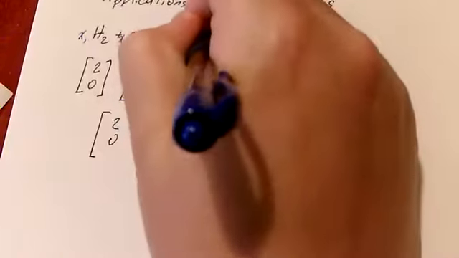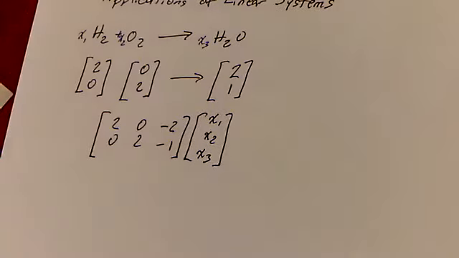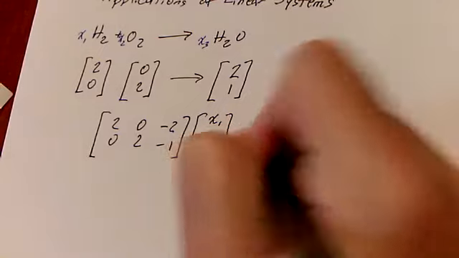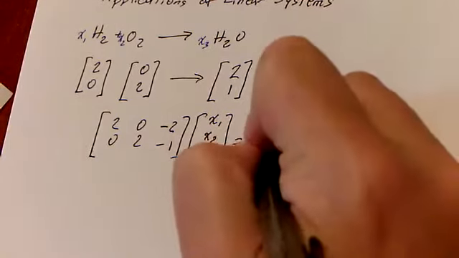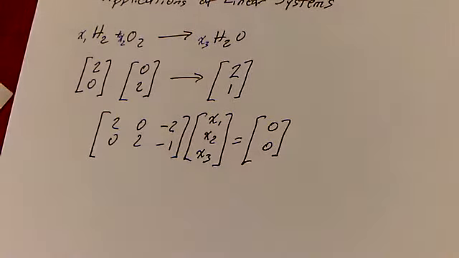Those 3 variables are the coefficients in my chemical equation. That is going to be equal to my 0 vector for my homogeneous system. So I can solve this system.